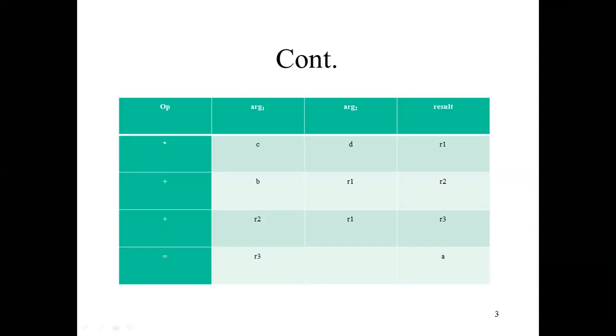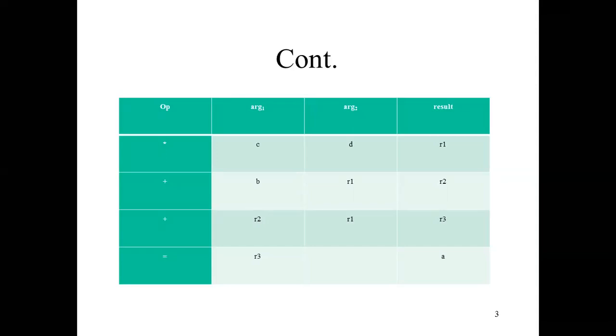So in this case we can see that there is a reduction in the number of variables, so ultimately there is a reduction in memory. The memory requirement becomes less and the speed of the compiler will improve.